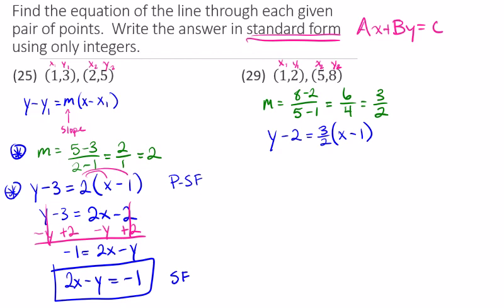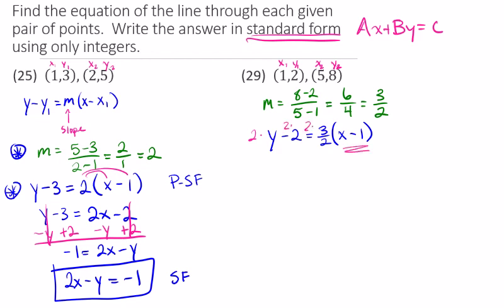All right, so here we have a situation where we have a fraction, right? If we're trying to get it in standard form, then we don't want to have any fractions, okay? So remember, if we were trying to get this in slope-intercept form, we'd actually leave the fraction. But since we're trying to get it in standard form here, we don't want any fractions. So I'm going to multiply each term by 2, since that's the common denominator. And that'll cancel out the 2.